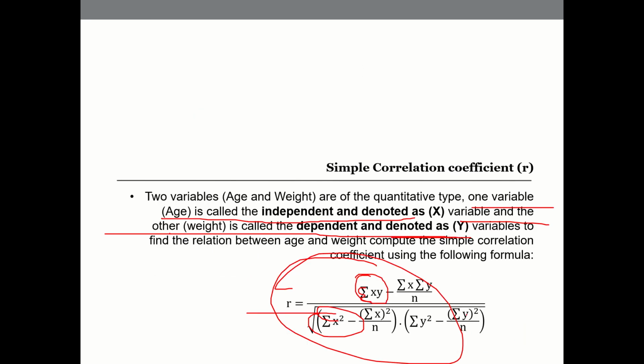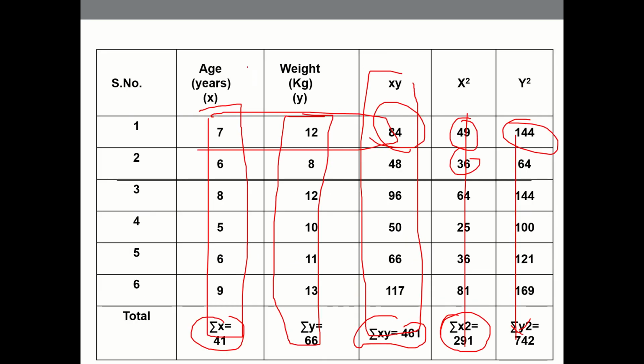It looks very complex, but it is nothing. These are the four things that we need for generating the R value.